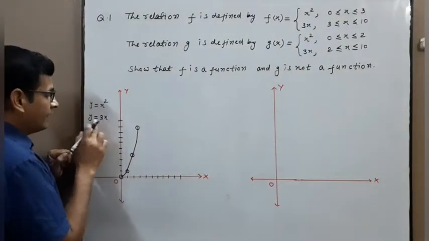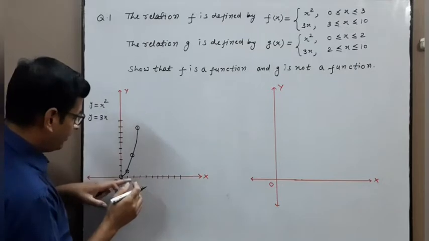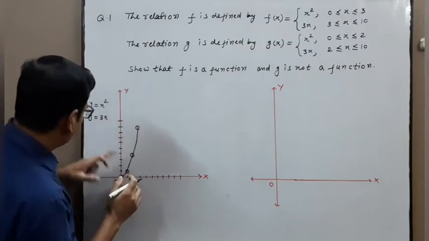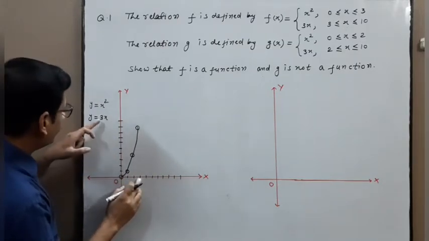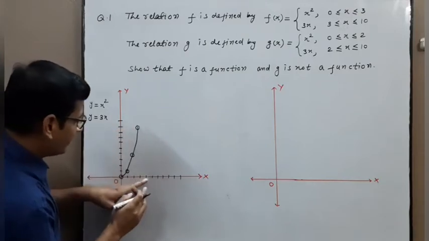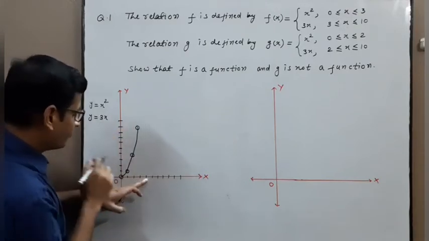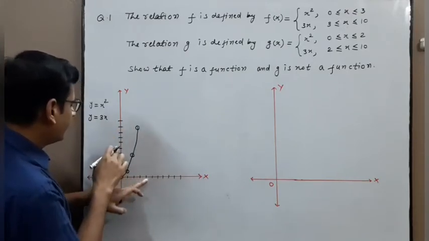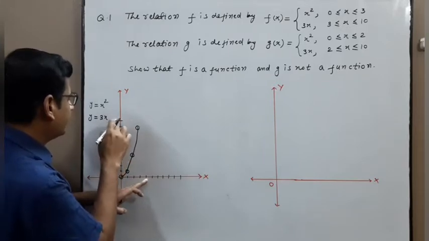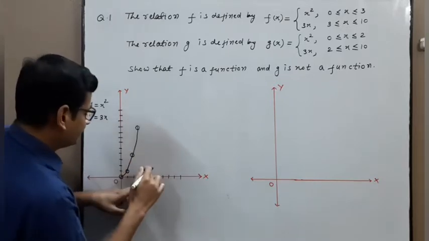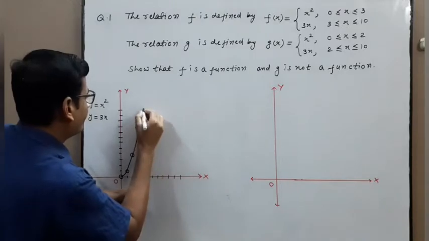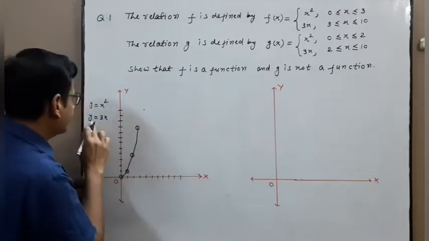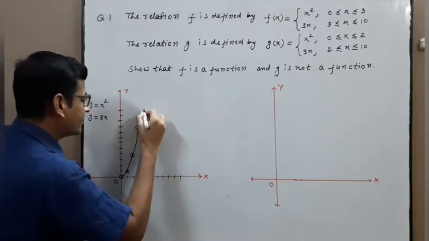So 3 times 4 is 12, so y equal to 12. At x equal to 3, y equal to 9. Second point, x equal to 4, so y equal to 12. Now this is a straight line, so join them with a straight line.